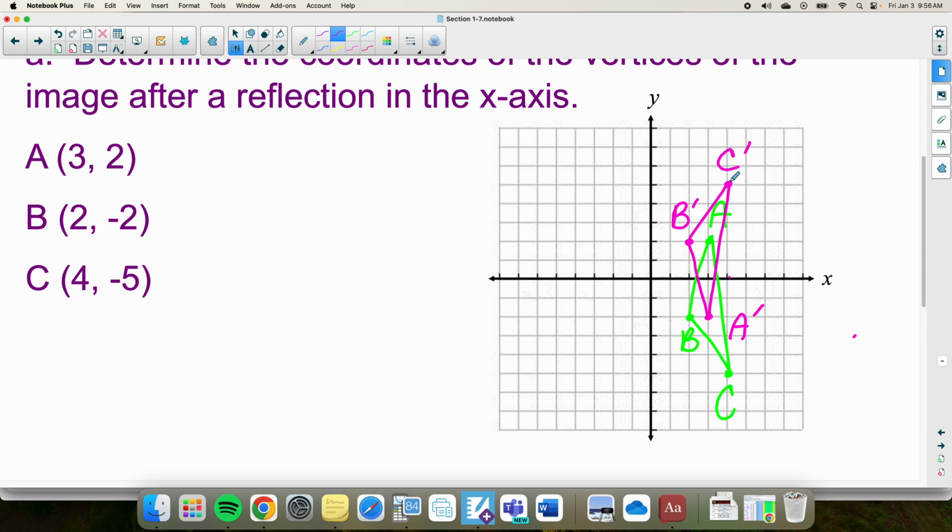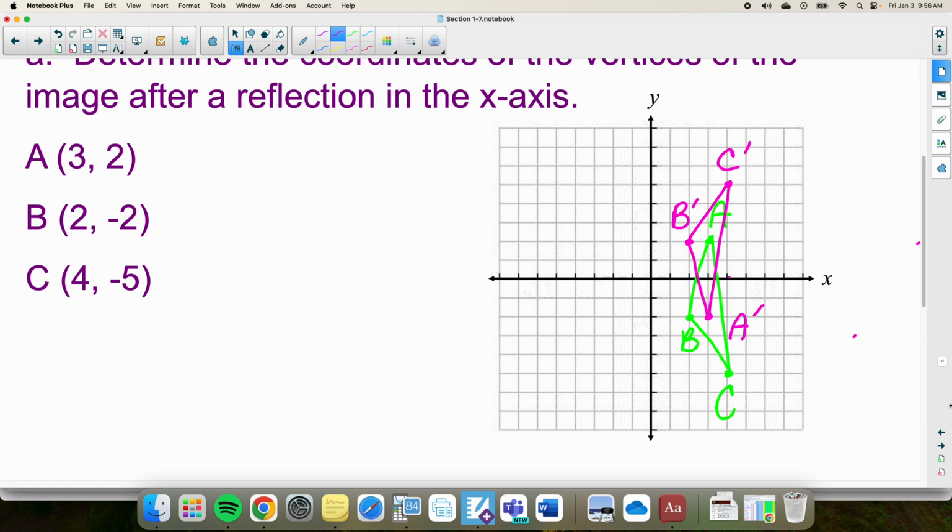It's not in the correct order per se, but it should look about the same size, same shape. And then you can kind of think about, if I could fold this board over the x, would my C's line up? Would my B's line up? And would my A's line up? Okay? So that would be your answer.